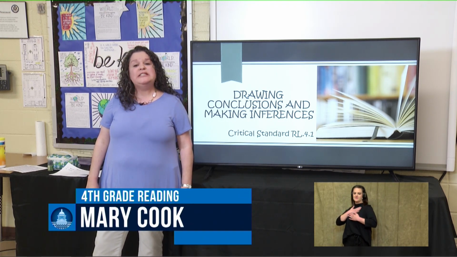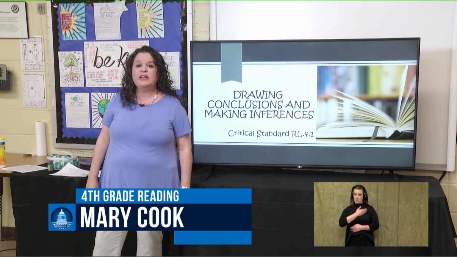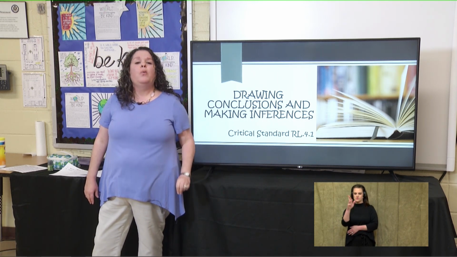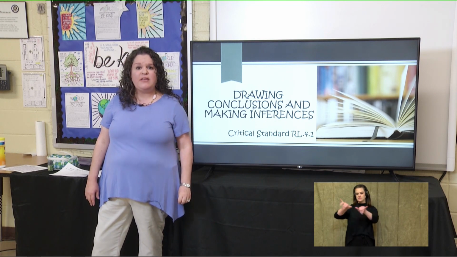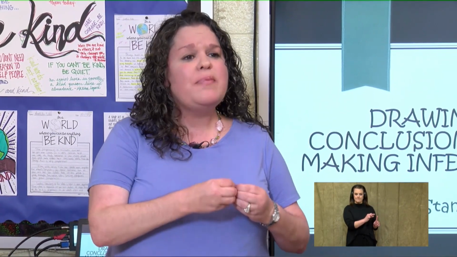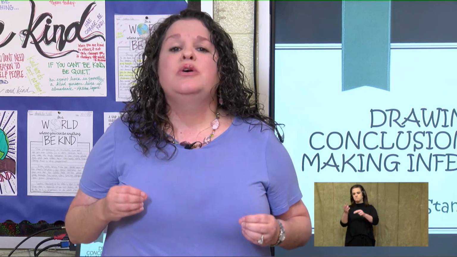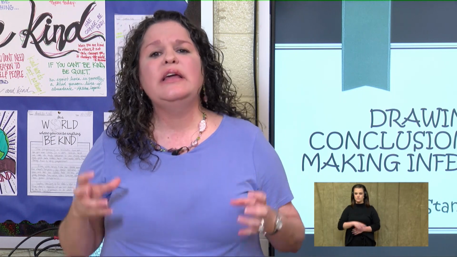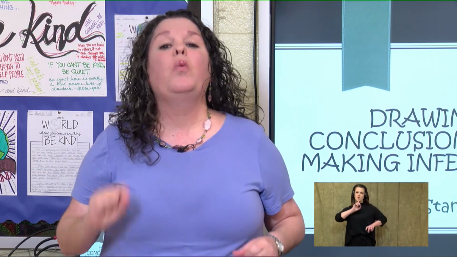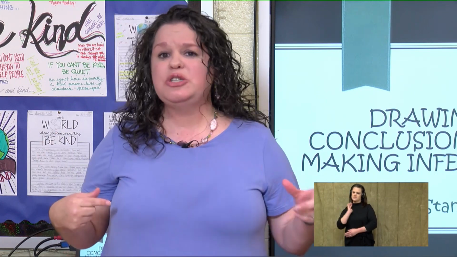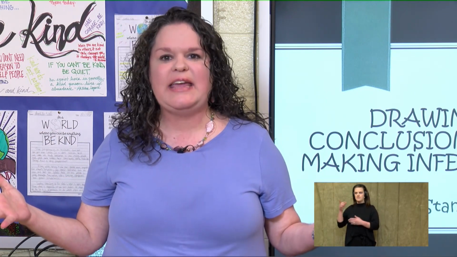We are going to continue learning reading of literature, fourth grade, first standard, where we are taking text evidence and building from that text evidence for pulling out and really finding what the author is trying to tell us that he or she has not directly stated.